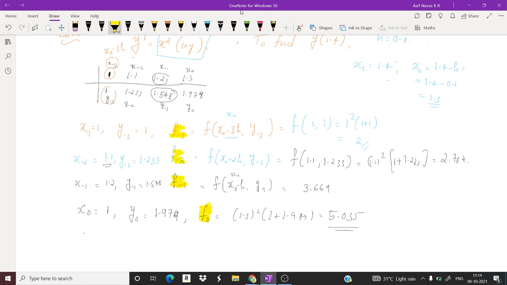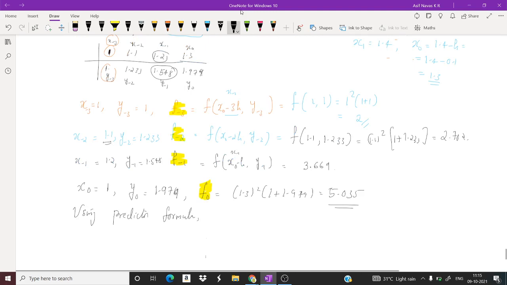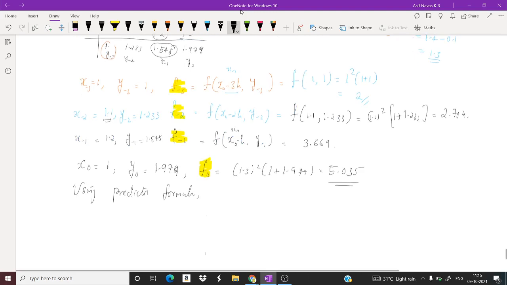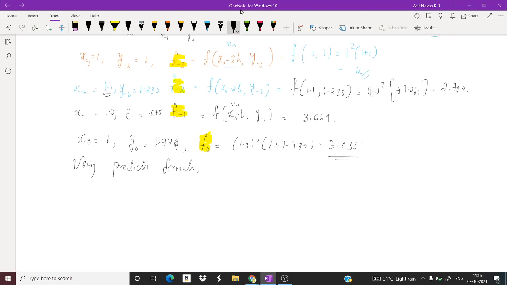Now we will use the predictor formula. Y1 of p is equal to y0 plus h by 24 into 55 f0 minus 59 f minus 1 plus 37 f minus 2 minus 9 f minus 3.